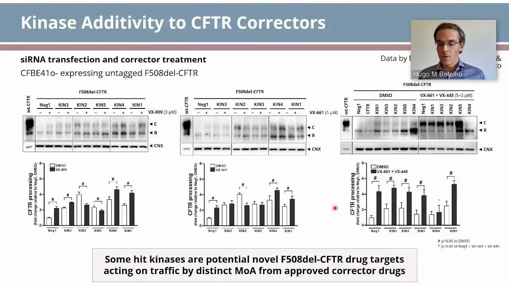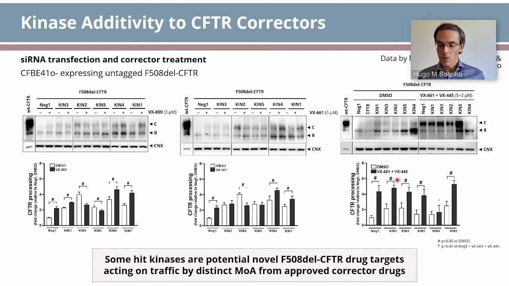To ascertain how rescue efficiency via the knockdown of the 5 hit kinases compares with CFTR clinical correctors, and if there are additive effects, we knocked down each of the 5 kinase genes in CFBE cells overexpressing FA-Del CFTR. Cells were tested as controls versus incubation with VX809, VX661, and the VX661 plus VX445 combination.